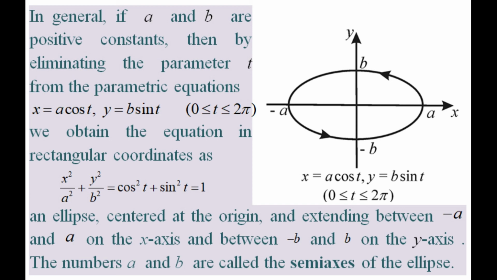This is an ellipse centered at the origin and extending between negative a and a on the x-axis and between negative b and b on the y-axis. The numbers a and b are called the semi-axes of the ellipse.